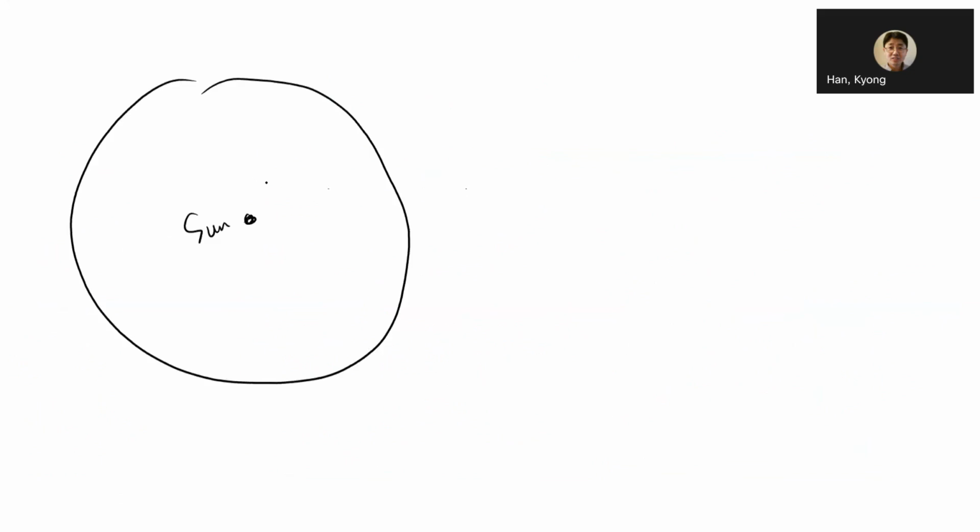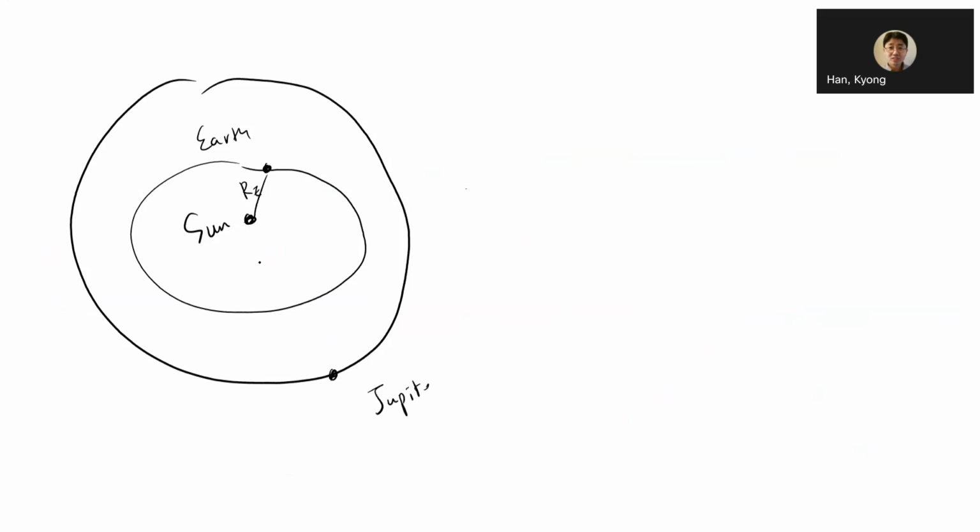Here is the sun, and here is the Earth with radius R Earth, and the other one is maybe Jupiter with R J, but you know there is a rule involving T.